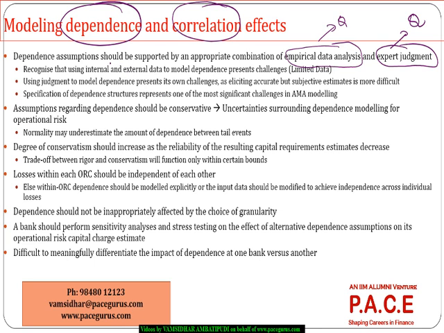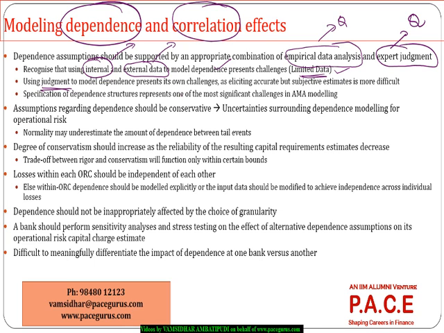And we have to understand, first of all, am I using only the internal data or even external data to model the dependence? Internal data is very limited. External data may not be in line with the risk profile of the bank. And for both of them, the number of data points is very limited. So that's one point we need to be aware of.